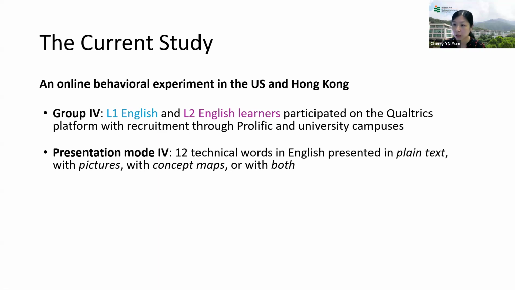They participated through an online platform, Qualtrics, and the recruitment was done through Prolific or on university campuses. The other independent variable is the presentation mode, whether it is in plain text, with pictures, with concept maps, or with both. So these are factorial manipulations of 12 technical words in English.